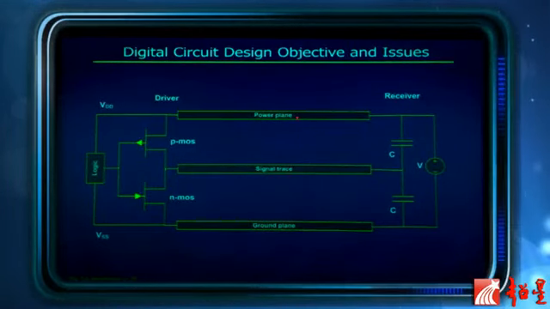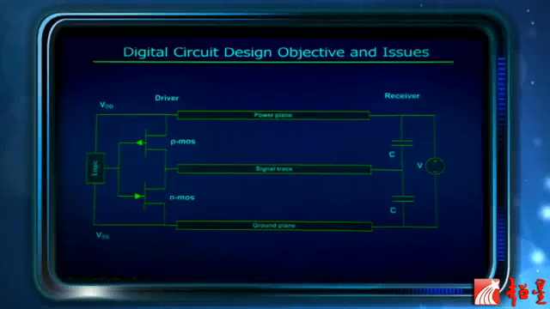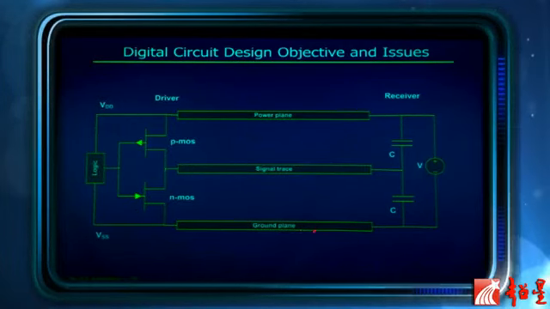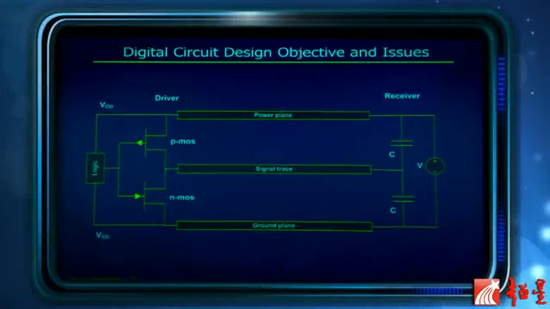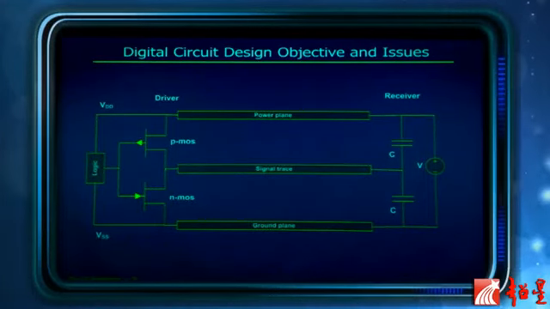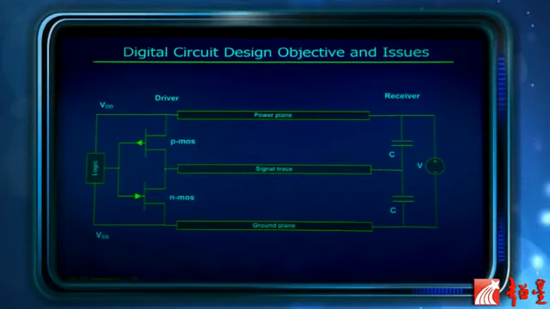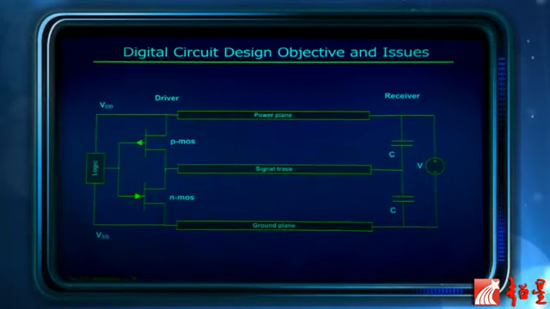Then you have power and ground, and you may have noise on the ground or on the power. If you look at the picture, you can envision that noise might be added almost everywhere. So high-speed digital design is about how to deal with these noises.